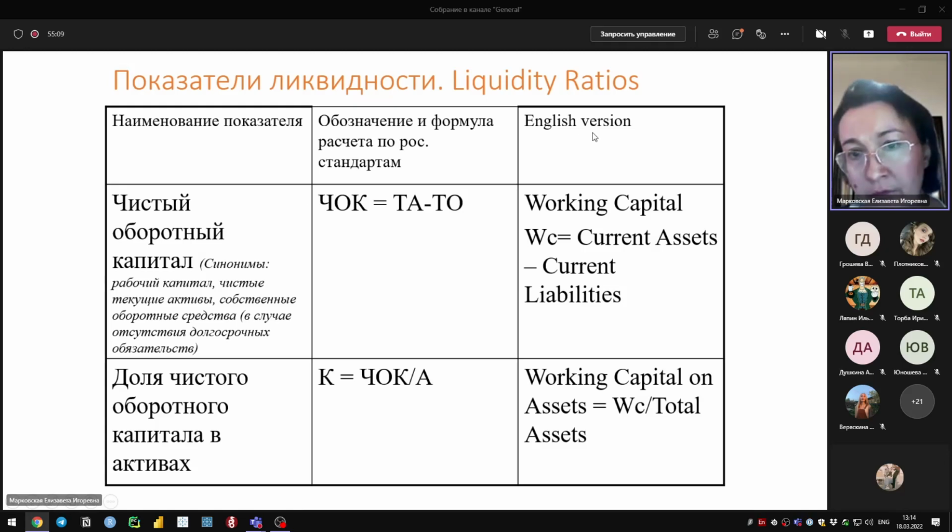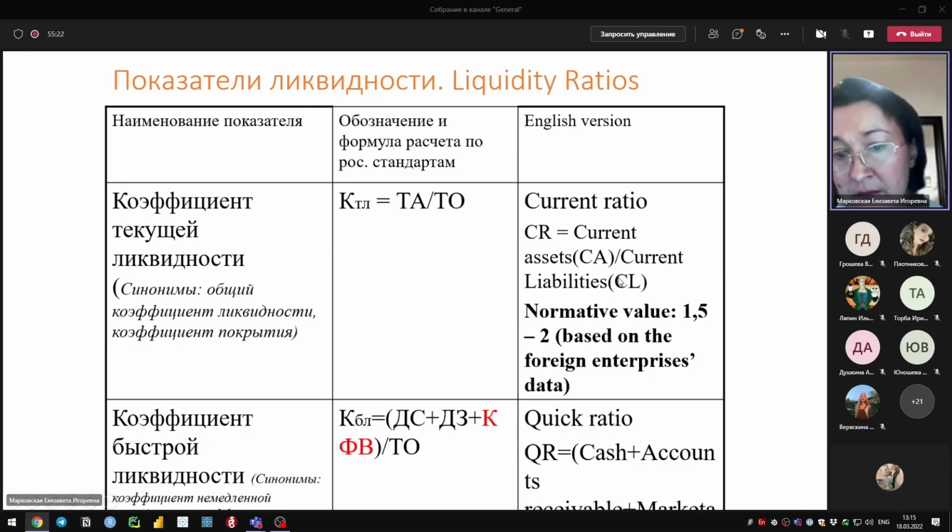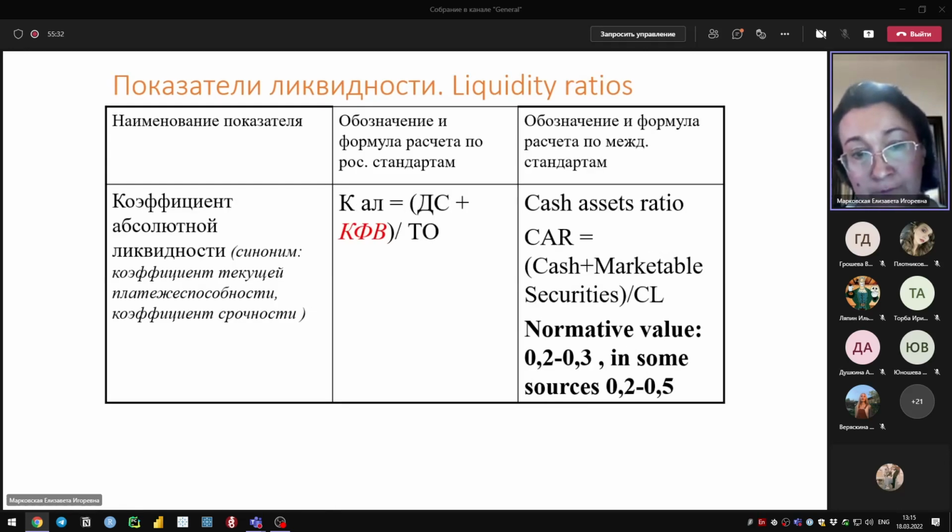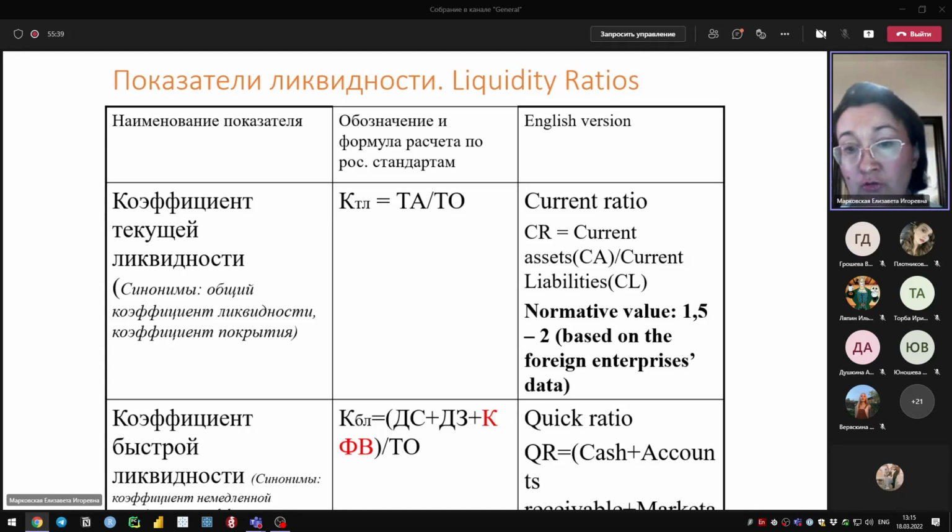You can see the English version and the Russian version of the names of these ratios, and you may see the normative value for some ratios: for current ratio, for current liquidity ratio, for quick ratio, and cash assets ratio.